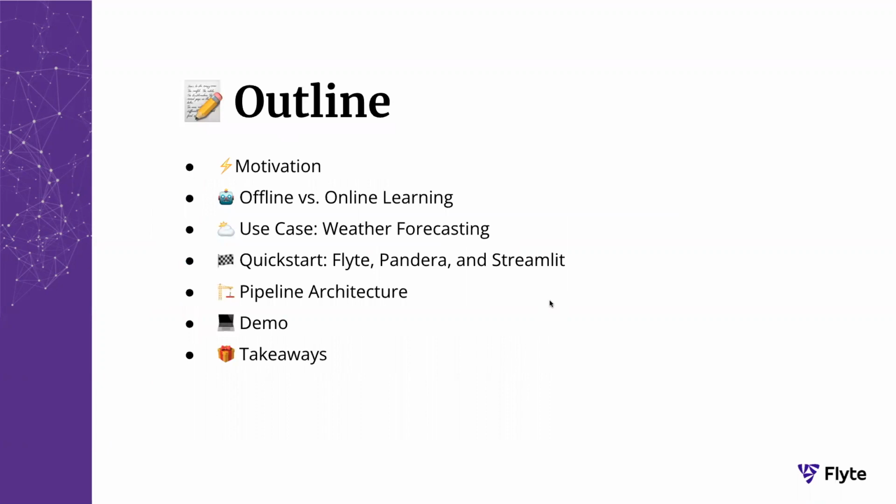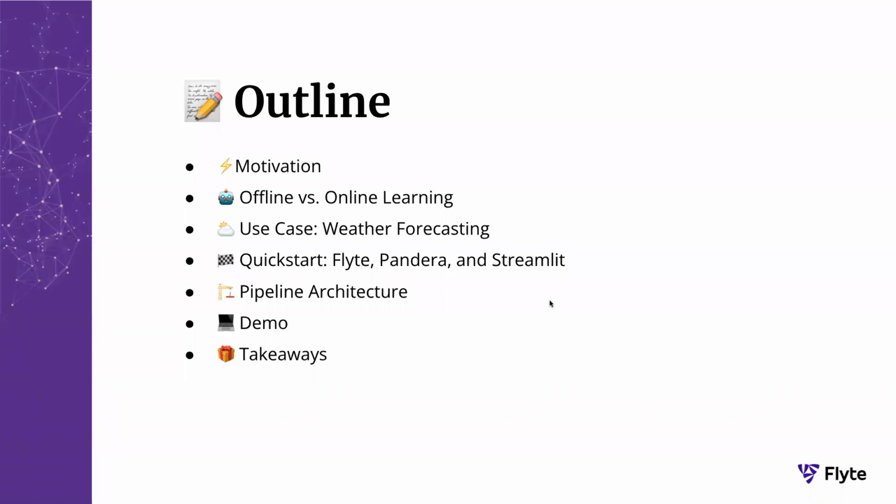So I want to start this talk with a bit of motivation behind it, and then dive in and distinguish between offline and online machine learning, and then highlight a particular case of online learning, which is weather forecasting.